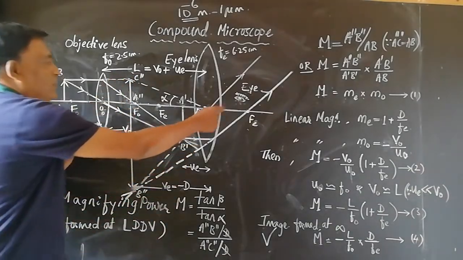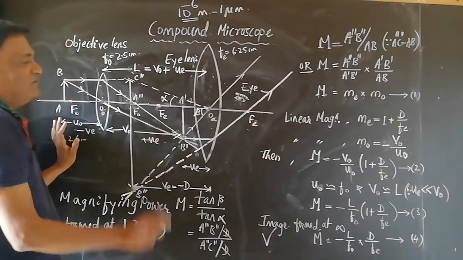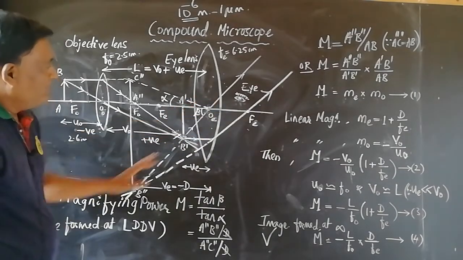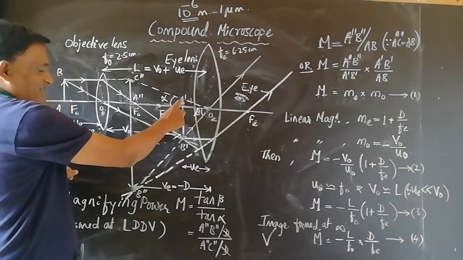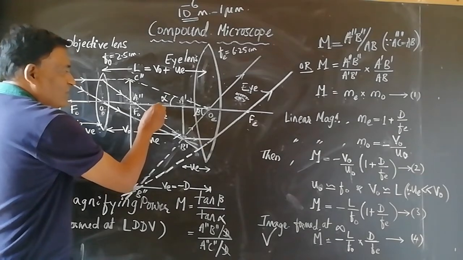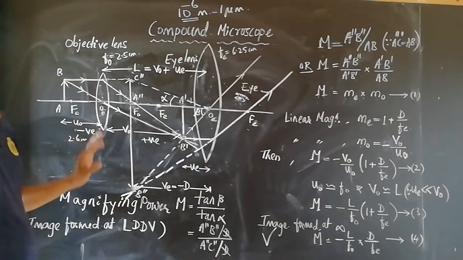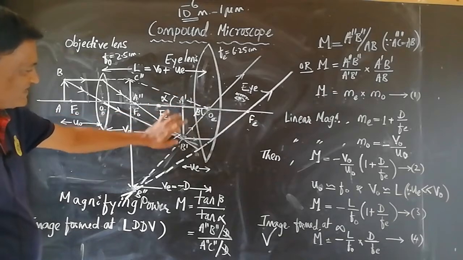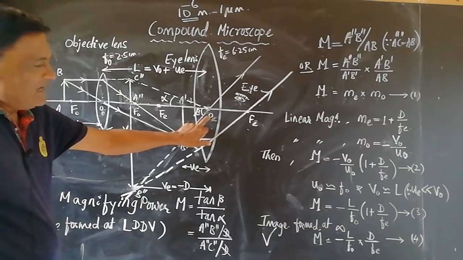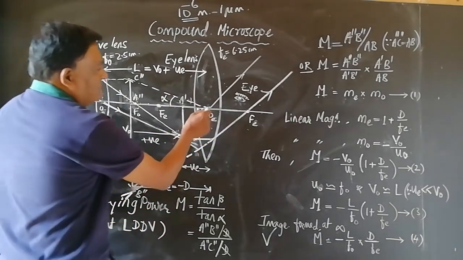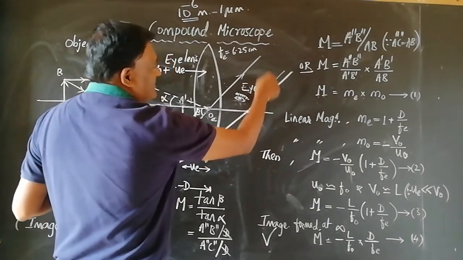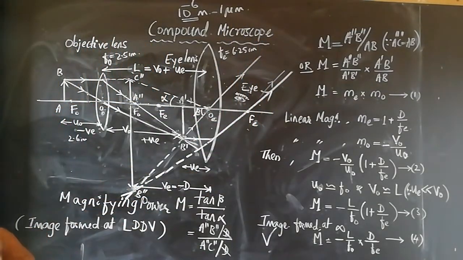If the observer or experimenter, with the rack and pinion arrangement, makes this image A dash B dash formed due to the objective fall at the principal focus of the eye lens, then the refracted rays become parallel to one another, they meet at infinity.